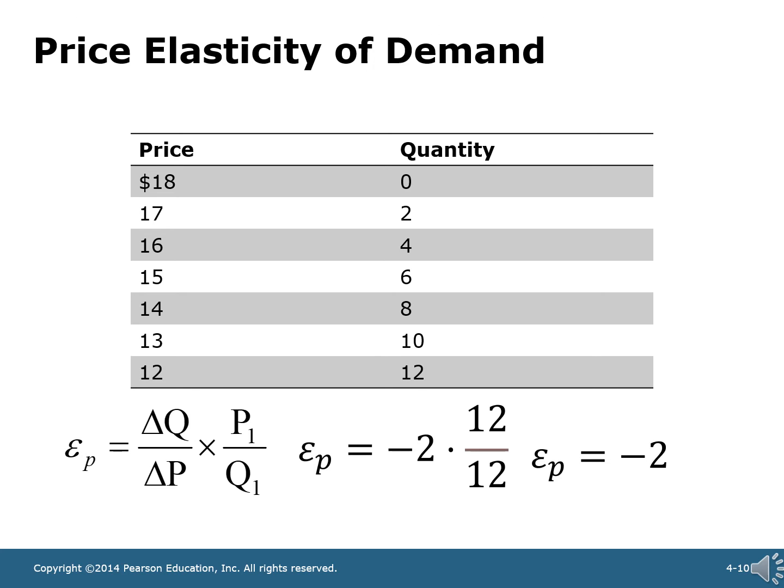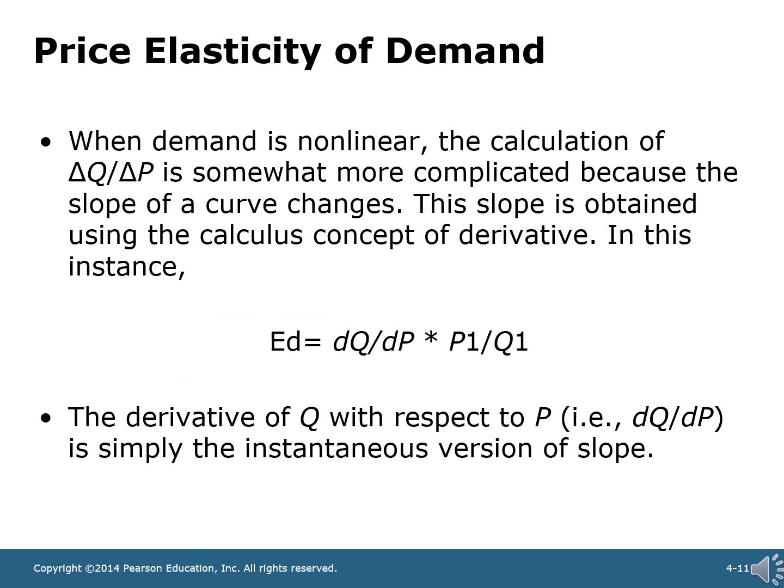At the price of $12, the quantity demanded is also 12. So we have our -2 times 12 divided by 12. 12 divided by 12 equals 1. So -2 times 1 equals -2. So our point elasticity of demand for a price of $12 for this hypothetical good is going to be -2.